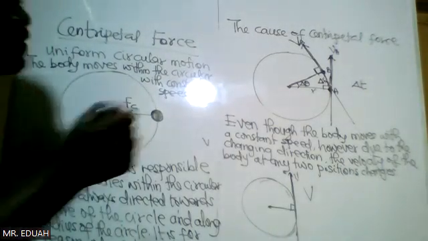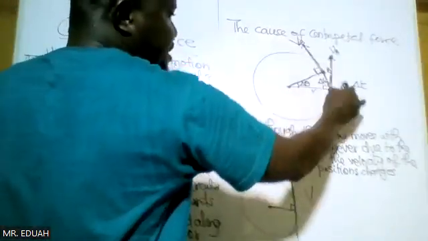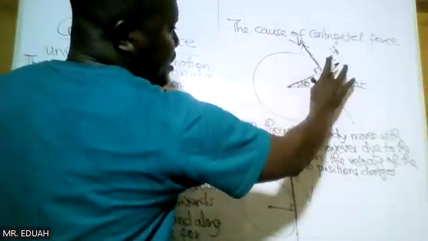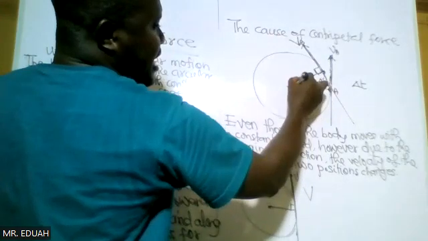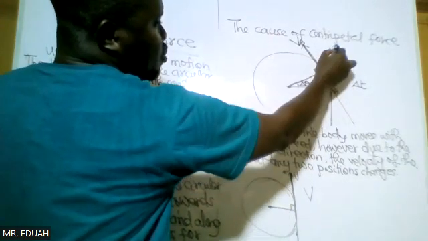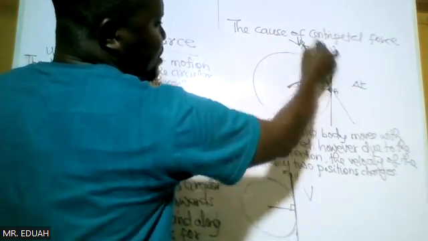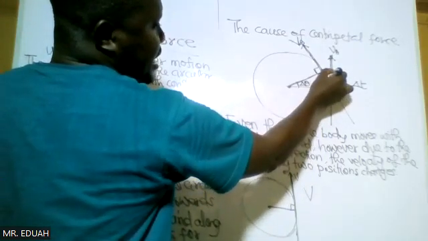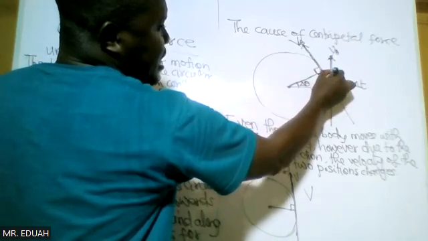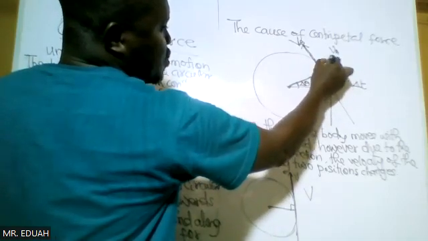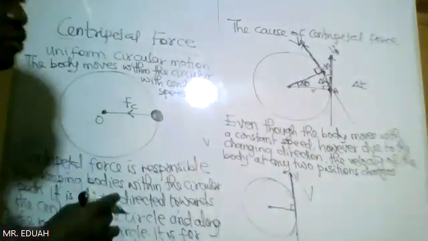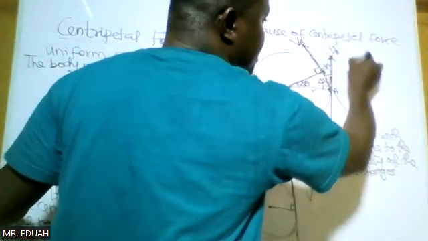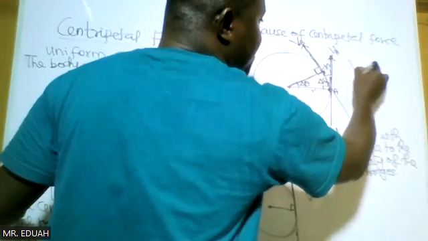Now, if the velocities establish this relationship with the circle, if we use geometry, we can deduce that the angle between the two velocities VA and VB is equal to the angular displacement at the center. So this angle at the center is also equal to delta theta. Let me redraw the velocity somewhere here. So we have VA and VB.